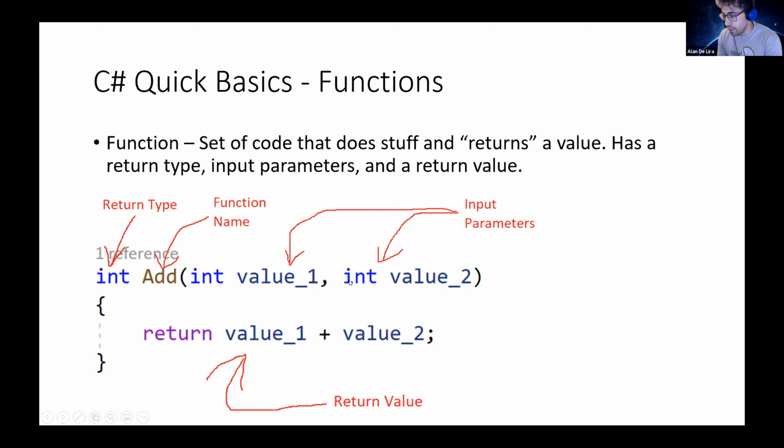And then the second input will be int value2. And then in the actual function, there's only one line of code, and it's just adding the first value with the second value and returning it. So any questions here? Okay.